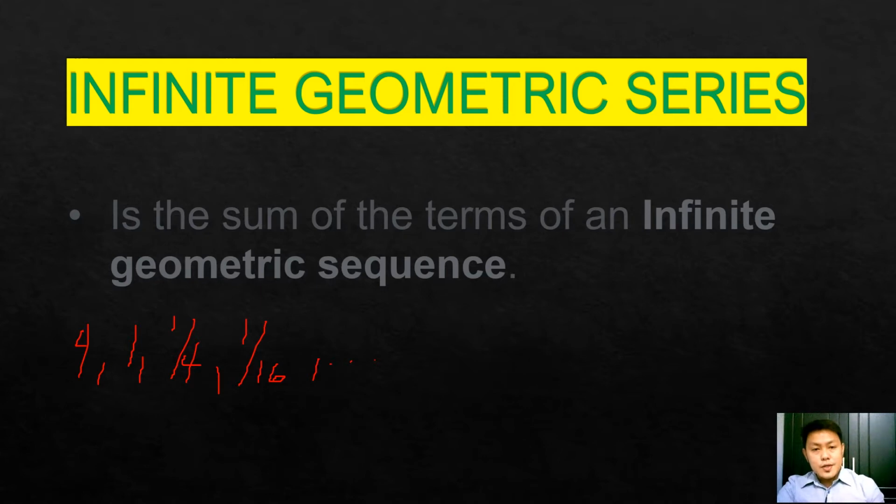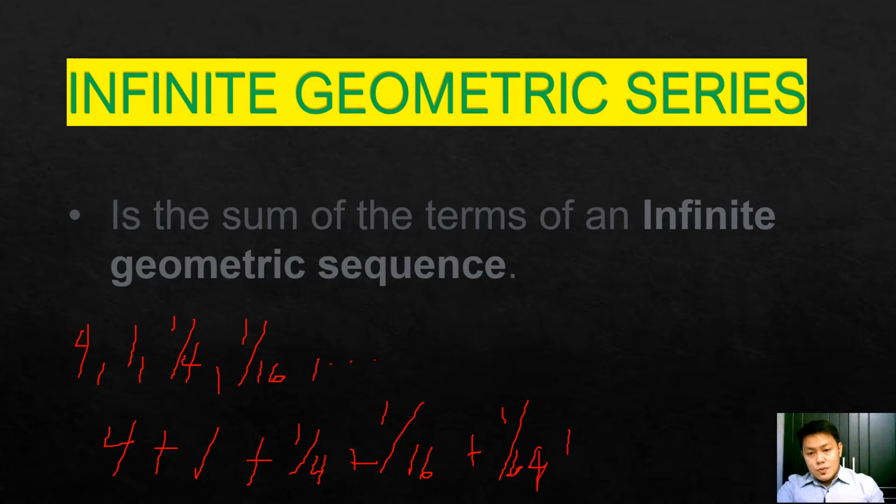And you want to find the sum of the terms of this sequence, meaning you are going to add 4 plus 1 plus the third term 1/4 plus 1 over 16, following the pattern, plus 1 over 64 up to infinity. Okay, what formula are we going to use to find out the sum of these terms?